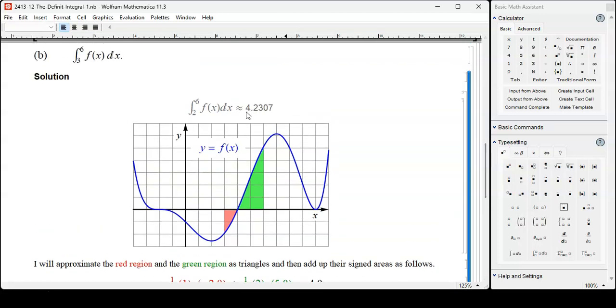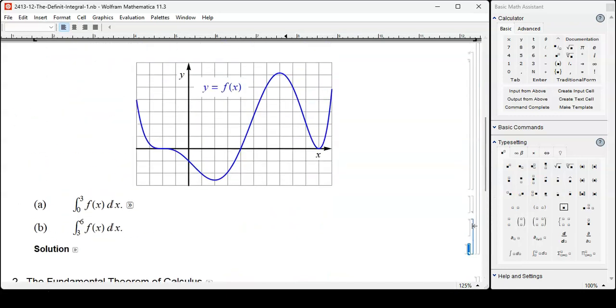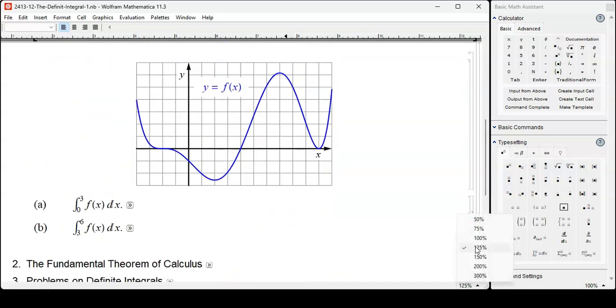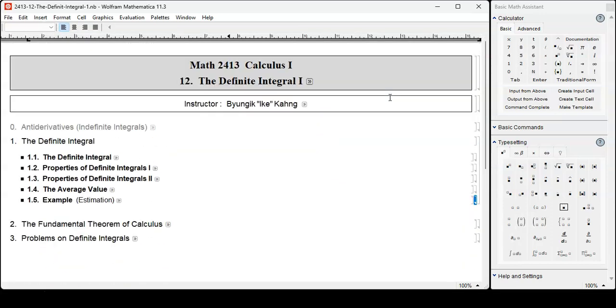And the real area is actually a little bit bigger than that, 4.23 something. That's because the curve is actually curved, not precisely aligned, so they're not precisely triangles. Considering the roughness of the situation, the estimation again was pretty good. 4 versus 4.2. Pretty good estimation, I would say.